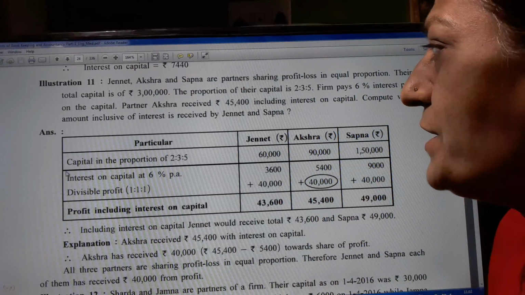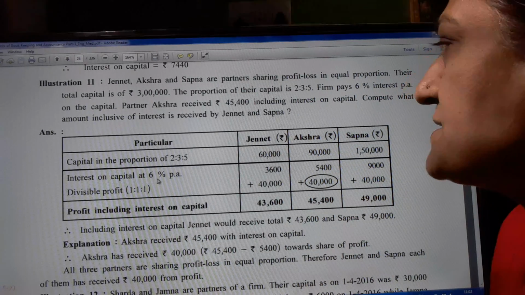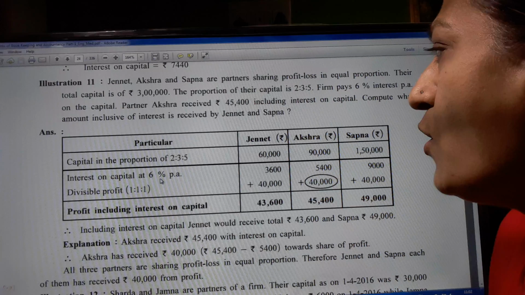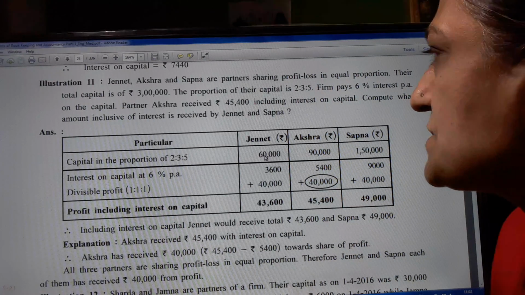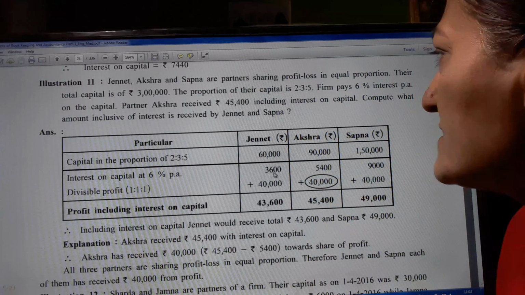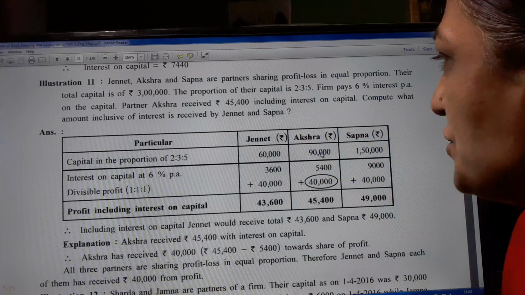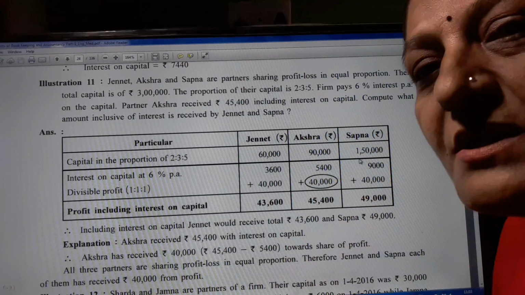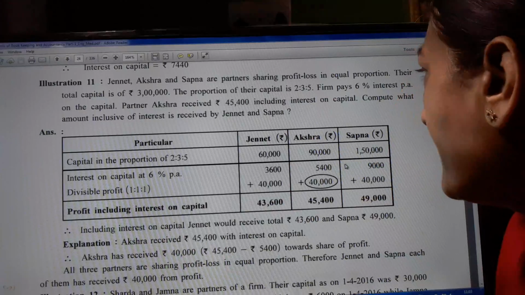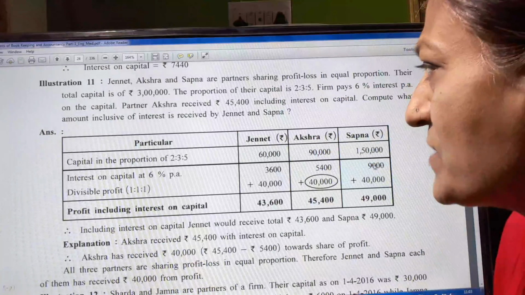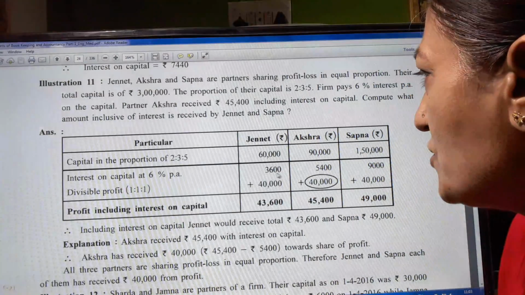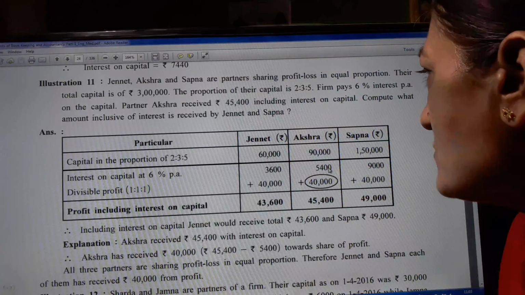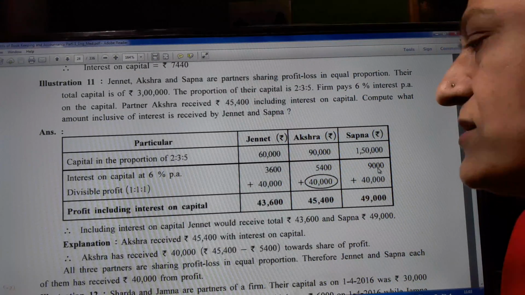Now here interest on capital is 6%. So 60,000 into 6 upon 100, then we get 3,600. 90,000 into 6 upon 100, then we get 5,400, and 1,50,000 into 6 upon 100, then we get 9,000. So this is the interest on capital: 3,600, 5,400 and 9,000.